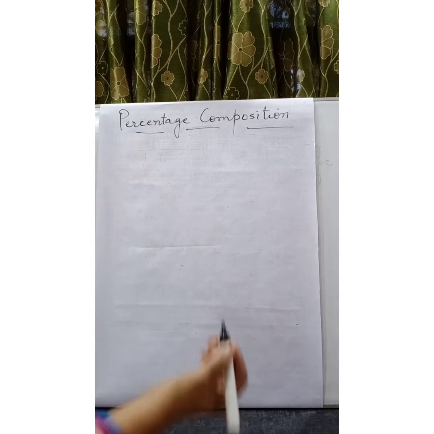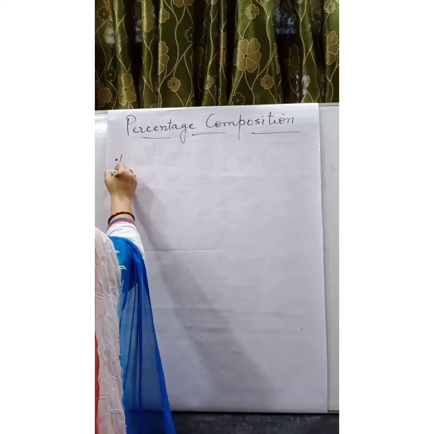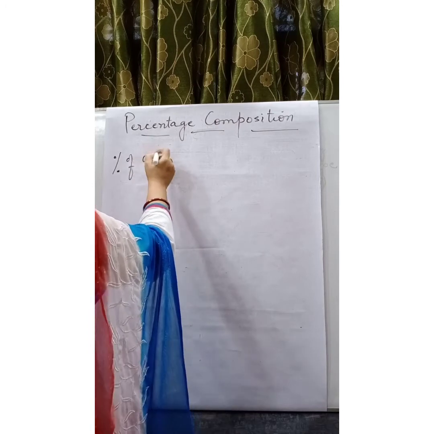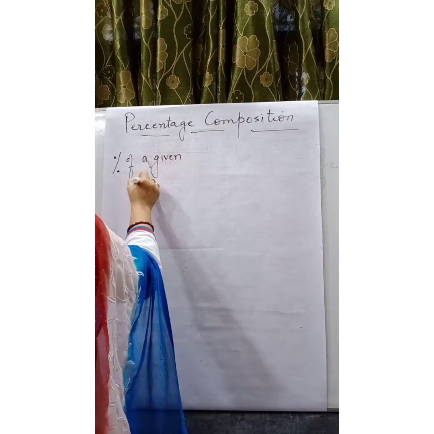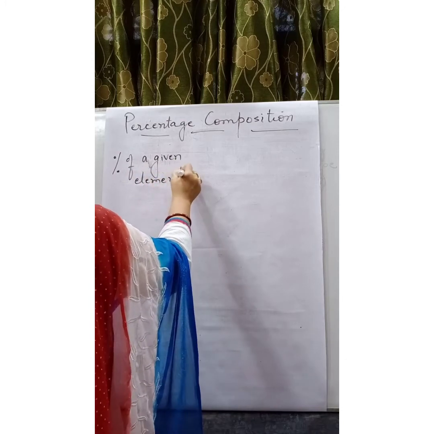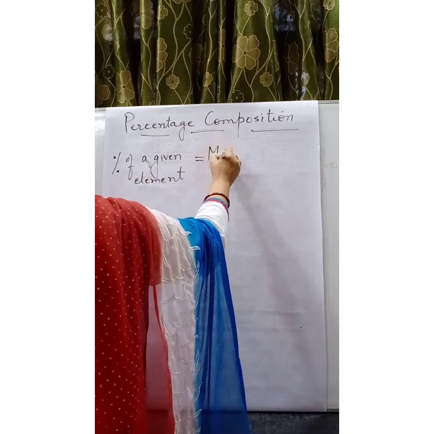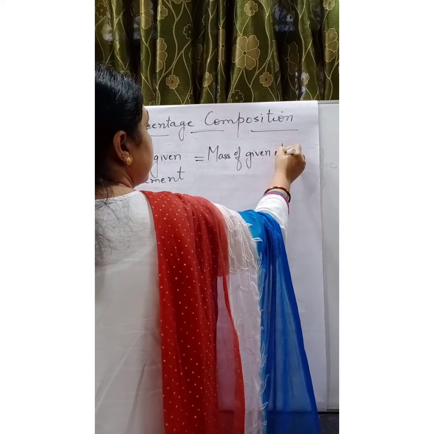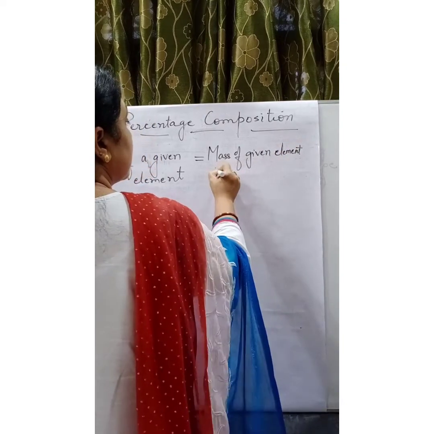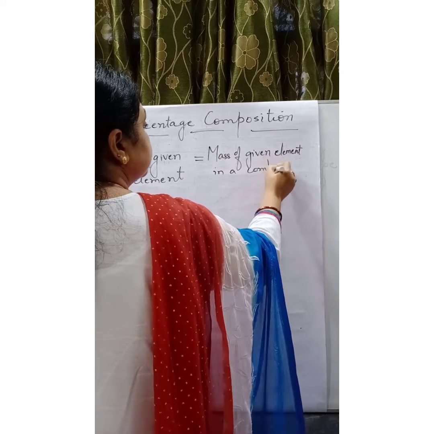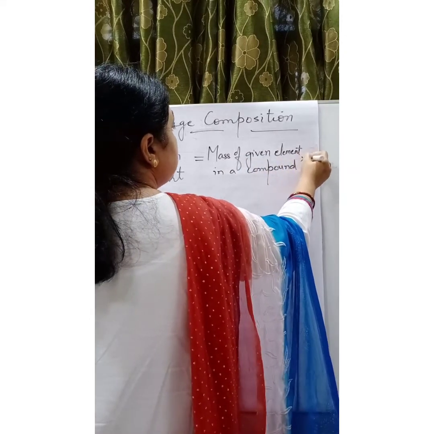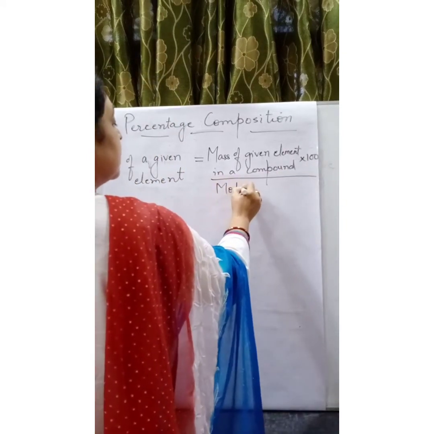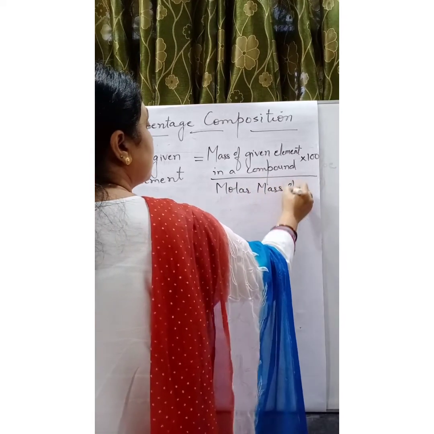The formula for calculating percentage composition is: percentage of a given element is equal to mass of the given element in a compound, multiplied by 100, since we are dealing with percentage, divided by the molar mass of the compound.